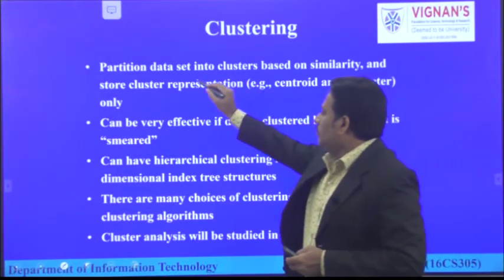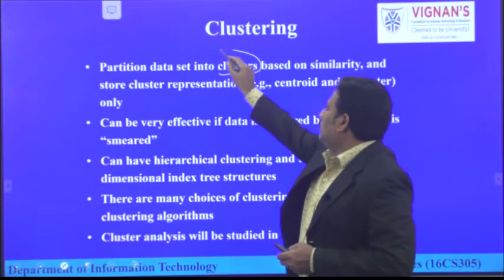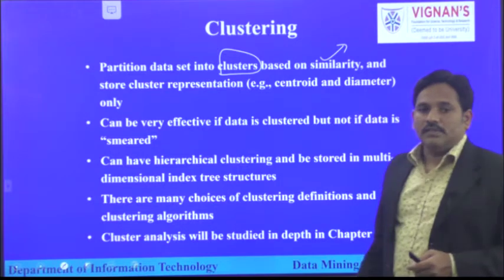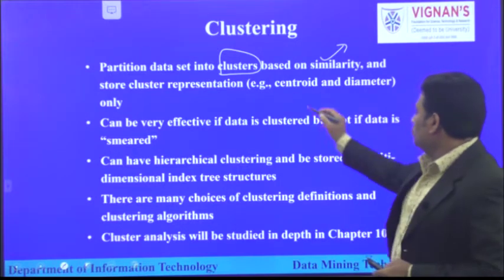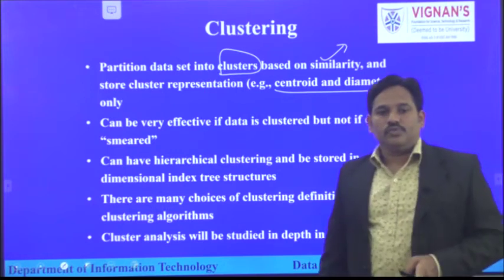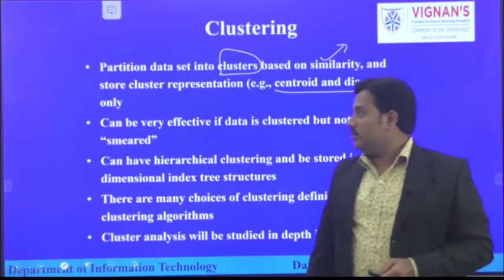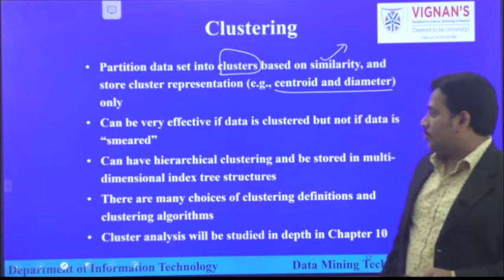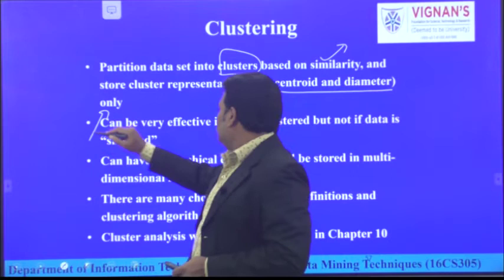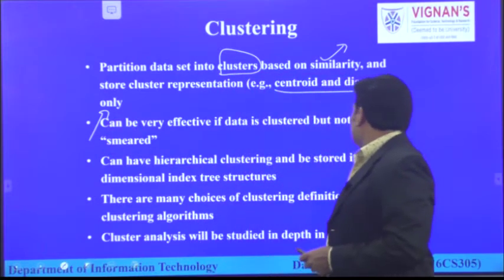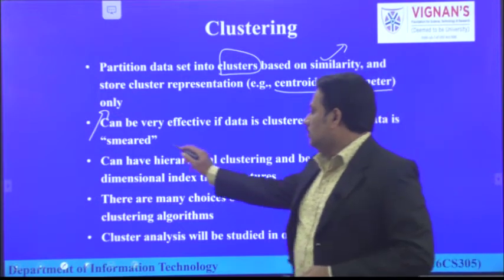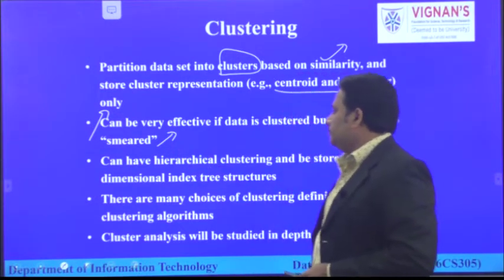So here we are going to partition the data into clusters by calculating some similarity measures of the cluster. To find out the similarity of a set of values, we can go for the centroid approach or diameter approach. And next, when we form a cluster, based on the clustered value, the value can be smeared.